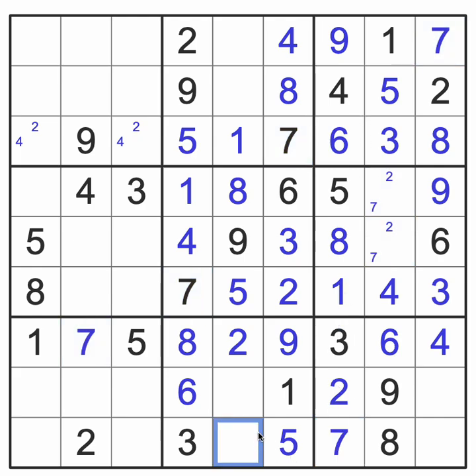And this 7 blocks here, gives me 7 here and 4 here. And these 2 cells will be 1 and 5. 1 here blocks this cell, gives me 5, and gives me 1.